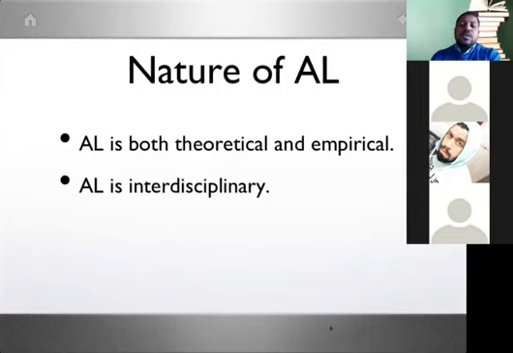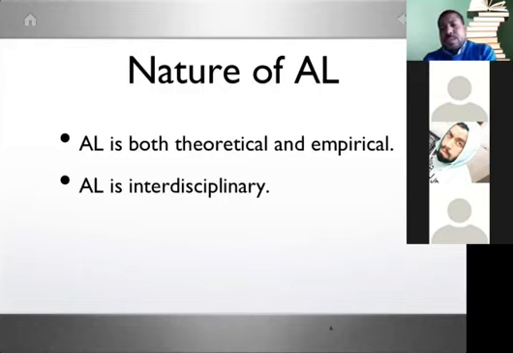Terms like research, the terms denoting research methods, a case study, participants, an experiment, etc. So these are terms which are used in psychology, sociology, anthropology, and they are also used in applied linguistics. And the third instance of interdisciplinarity is, of course, sharing research methods.